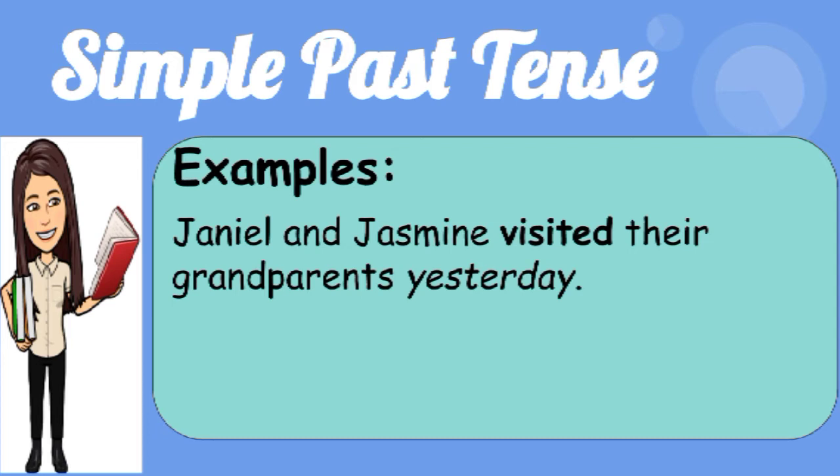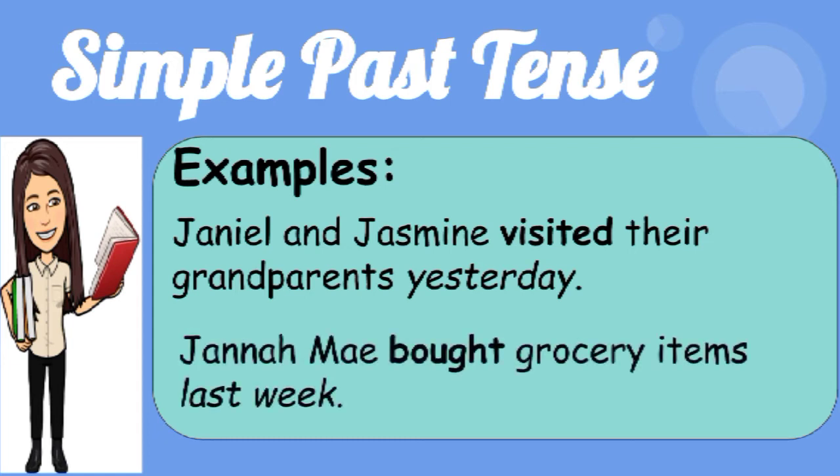Next example for irregular verbs. Janami bought grocery items last week. What is the time signal used? Yes, last week. And our verb is bought, the past tense of buy.